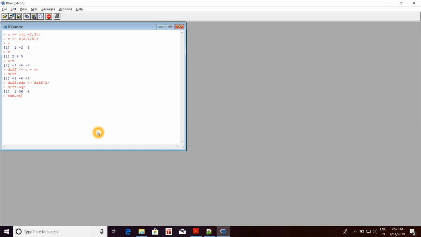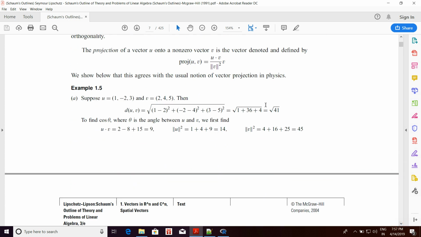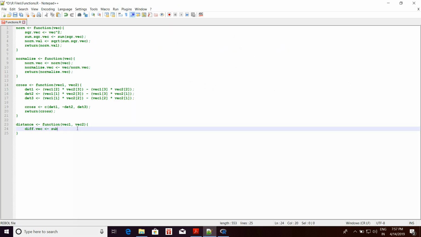So sum dot difference dot square will be the sum of all the elements of that vector. The sum of the difference squared is 41, and then we have to calculate the square root of that. So the square root of that is root over 41. So that is correct. So we have to do it inside a function.